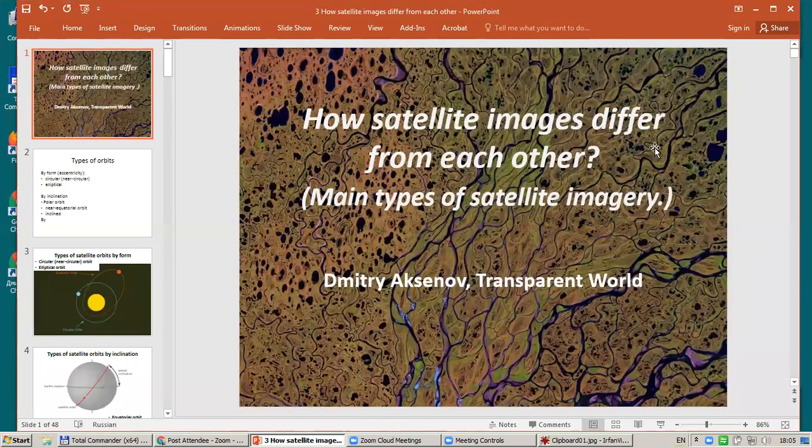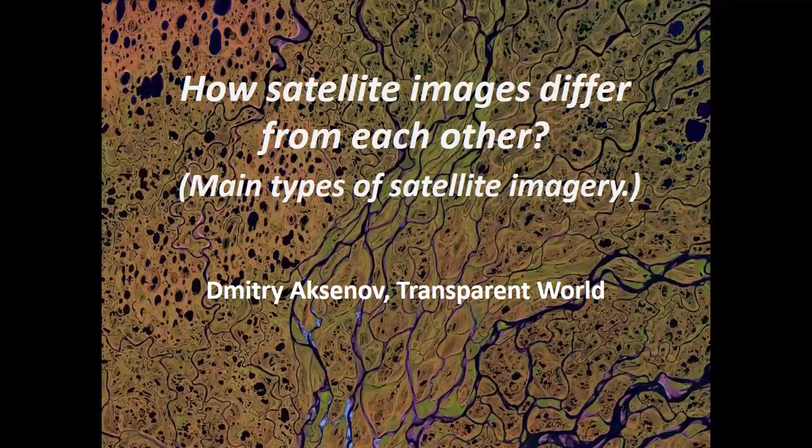So today we will speak about different types of satellite images. We have already learned a little bit about how to deal with satellite imagery online. We have tried different online tools to access satellite images, but today we will speak in more general terms: what are actually the main types of satellite imagery, and how different satellite images differ from each other.